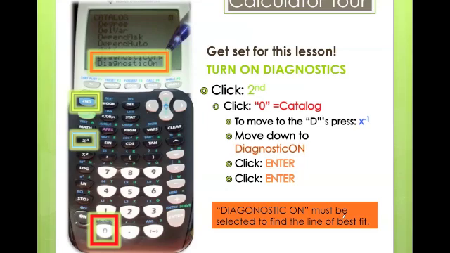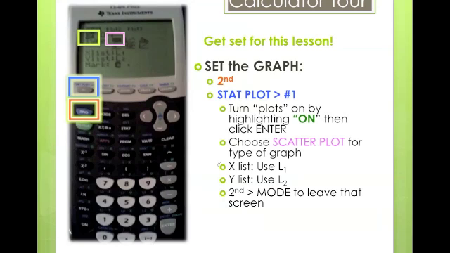You need to be sure that diagnostics is on. To do that again, you need to hit second 0, which takes you to your catalog. If that's not on, to proceed with this lesson, you need to pause and get that turned on. You also need to have stat plot on along with scatter plot.